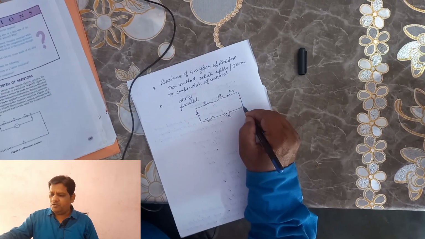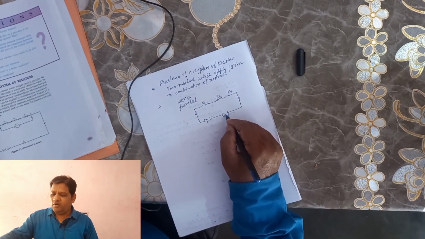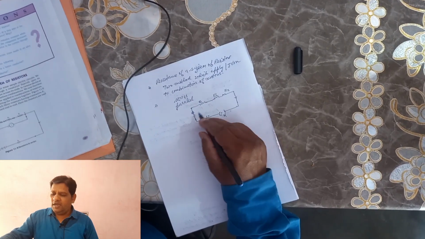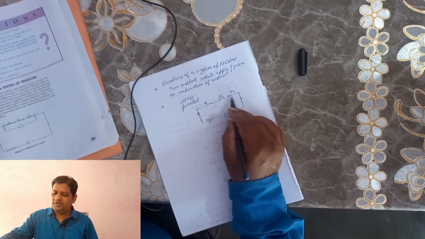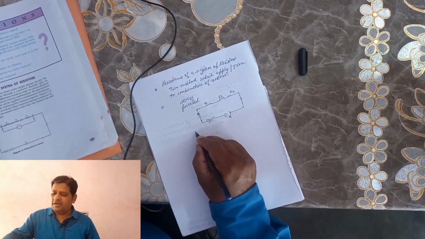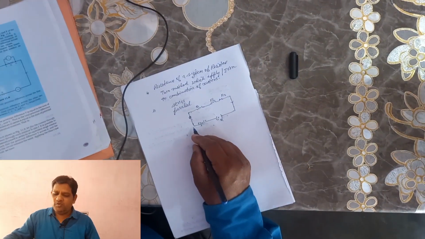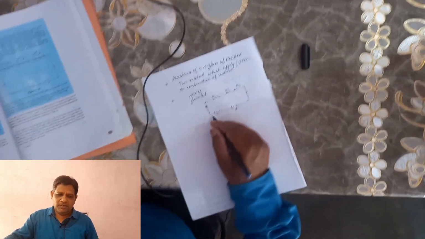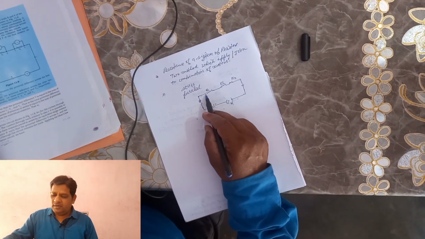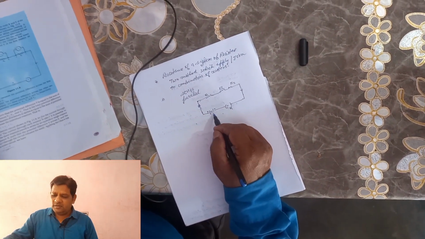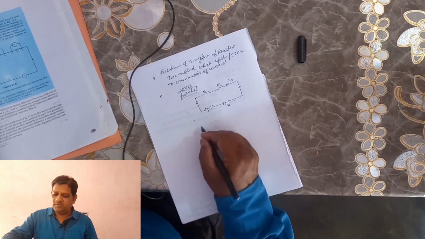If we flow the electric current, firstly we have to close the key and the current starts flowing. This current flows directly from the first resistance to the second resistance. The current is flowing in series form. If any part of the circuit is broken, the current will not flow to the other parts. This is the series form.